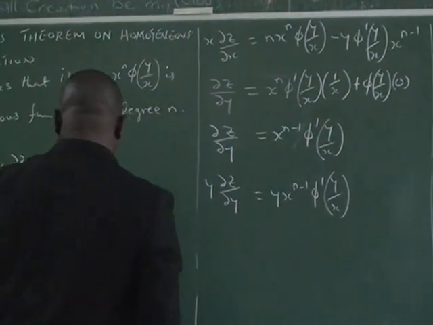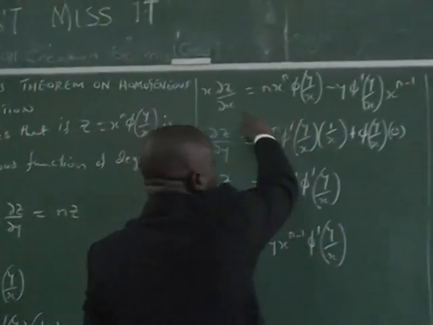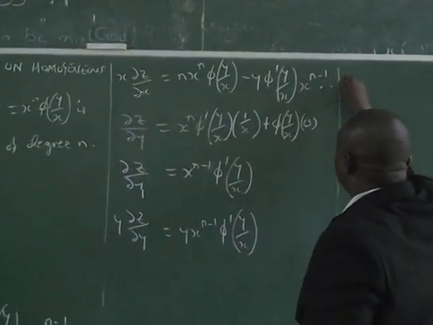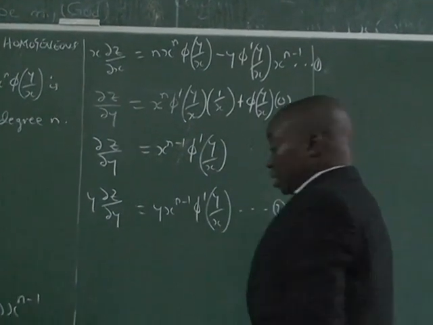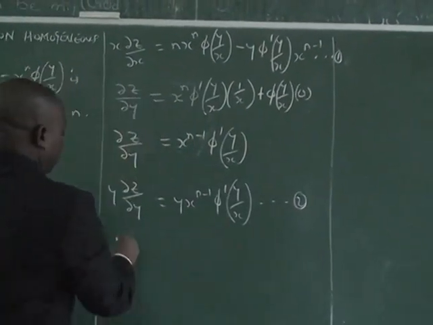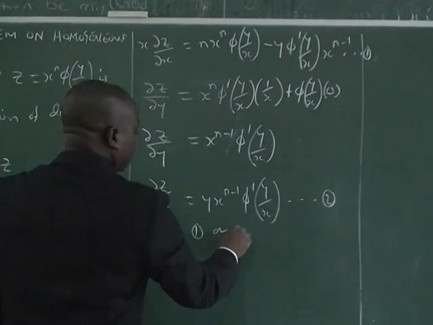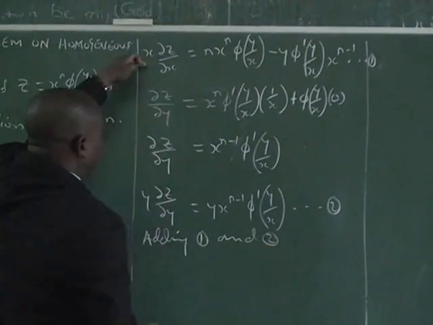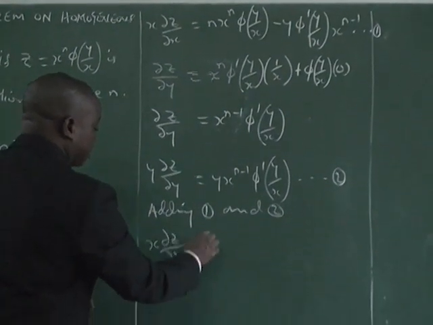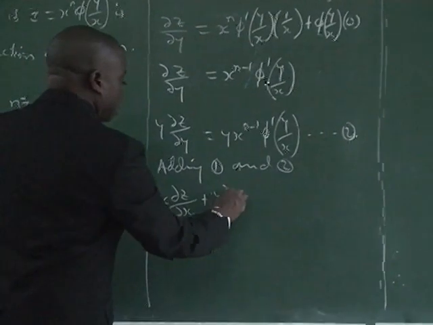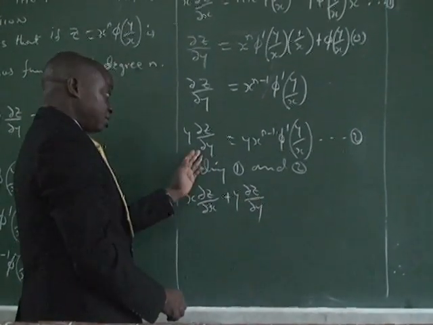Now look at this. From this equation, call it 1. Call this one 2. That is adding 1 and 2, and we'll have x partial z partial x plus y partial z partial y, which is this side.